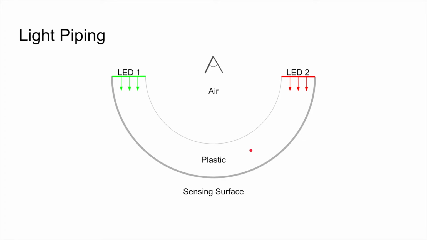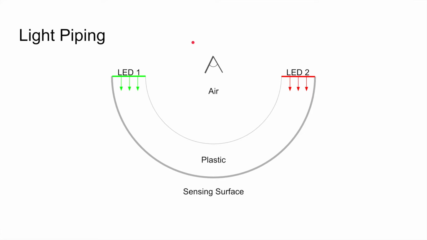The reason that we're going to use this type of pigment instead of the other pigment that we used in the previous sensor is because we really want our light to travel in directions that we specify.